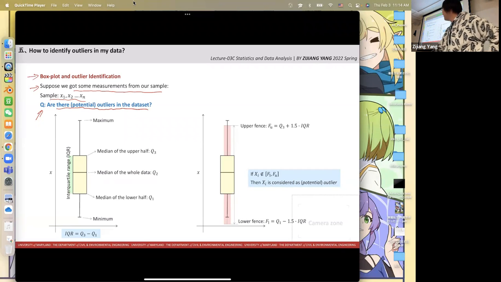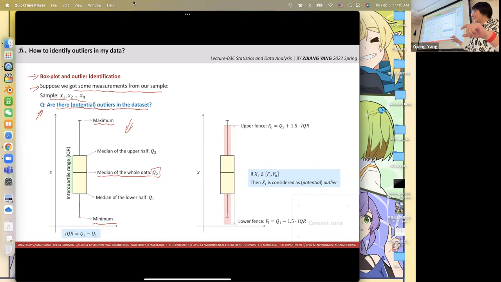So to identify the outliers, we need to construct a box plot. This box plot has 5 elements. The first one, we need to figure out the maximum value in our data set, and then the minimum value, and this is relatively simple. And then we need to find the median of the whole data set, which is noted as Q2. I guess you know how to calculate the median of a data set.